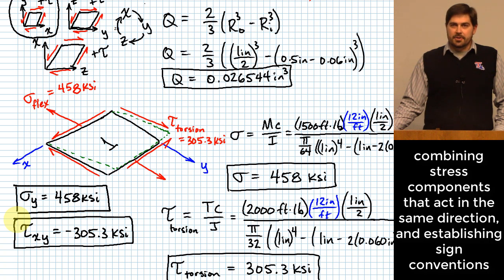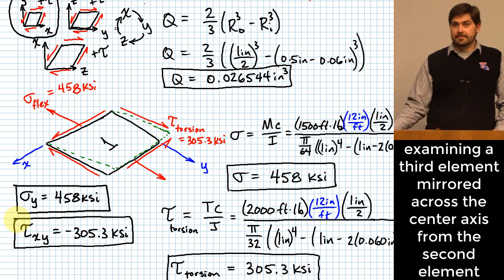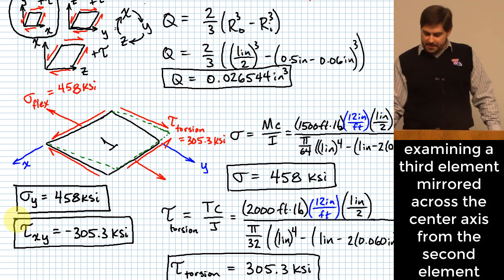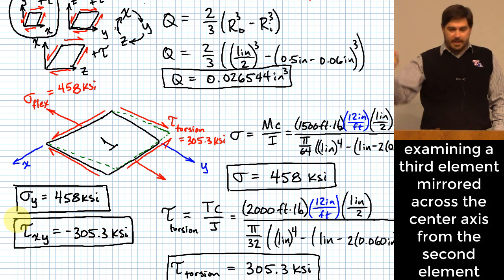Any questions that you guys might have at this point? Yes. If one of these patches had been on the other side, so like, say number 2 was on the other side of it. The torsion would be the same, but would the other ones be in different directions? Right. So the question was, let's say we were looking at a patch on another side of the part.